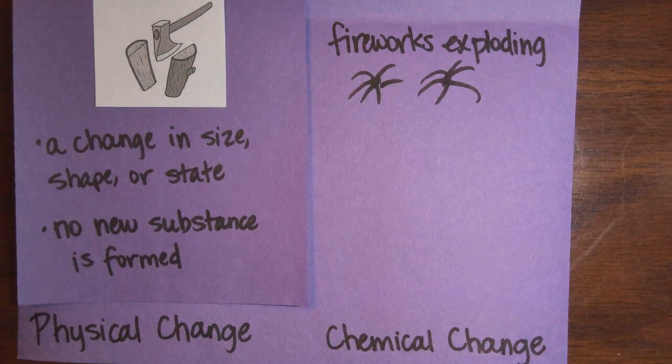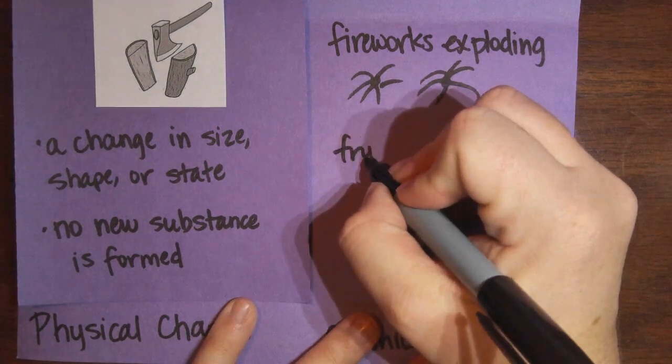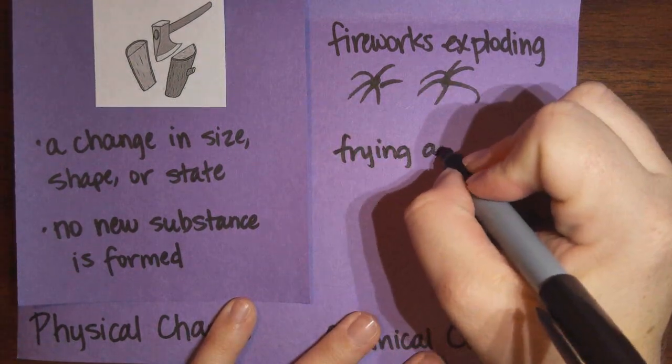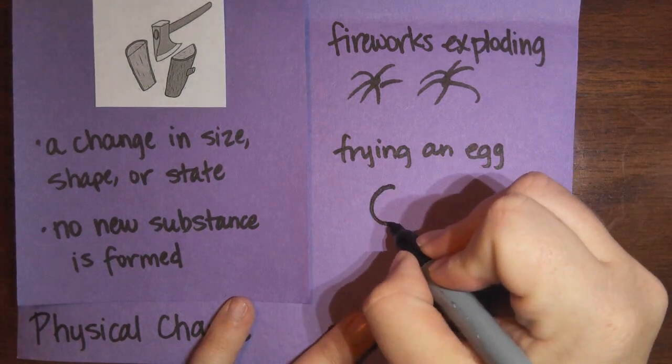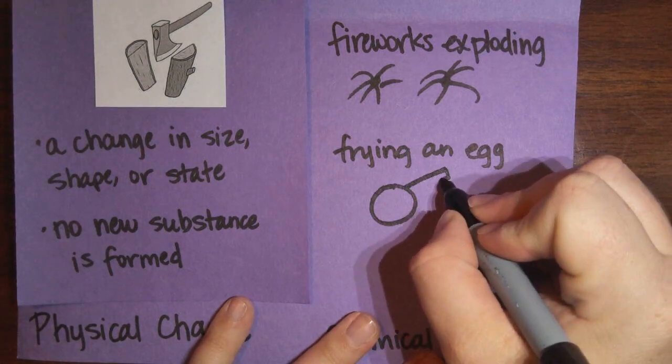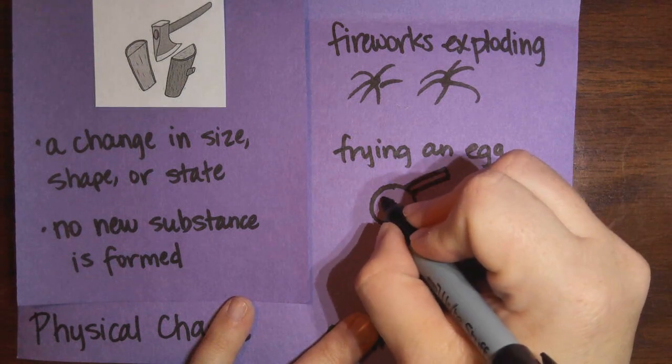Another example is a lot of times when we're cooking or baking. So if we were frying an egg, here's my frying pan, and then inside we have the egg.